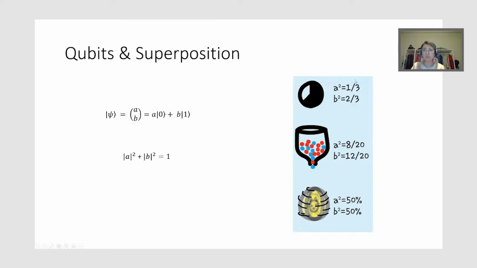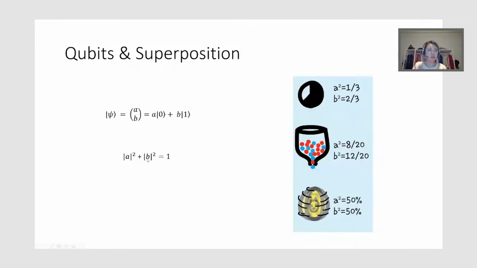Some examples of how you can use a metaphor to express qubits. You could have probabilities of 1/3 and 2/3 coexisting, or probabilities of mixed colored beads, or spinning coins with half and half probability of landing on heads or tails.